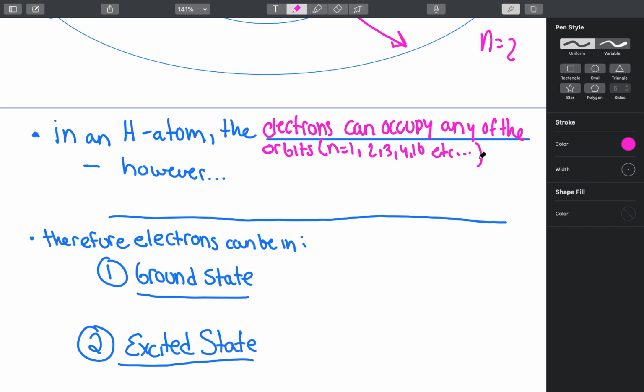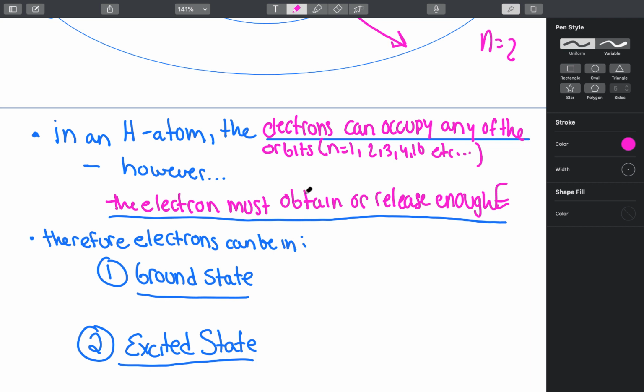However, in order to occupy these orbits, the electron must obtain or release enough energy. So in order to be in these different energy levels, the electron must contain the proper amount of energy. So the amount of energy that an electron has determines its position in the atom.